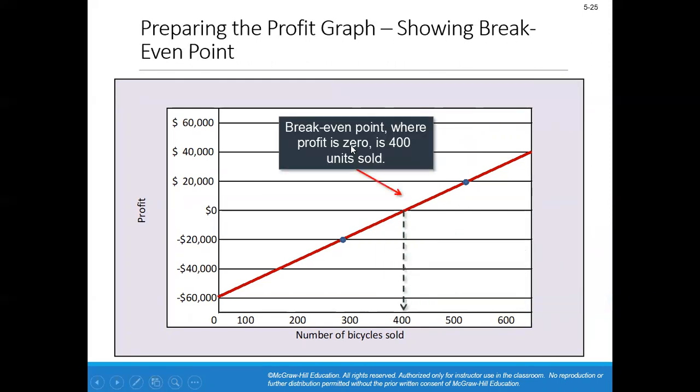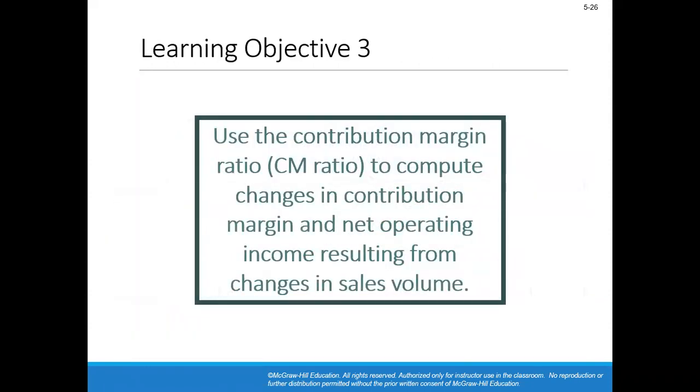So this equation is behind this straight line, the linear line. So we see that there is a linear relation between the number of bicycles sold and the profit, but it rarely happens, the linear relation between the number of units sold and the profit generation.